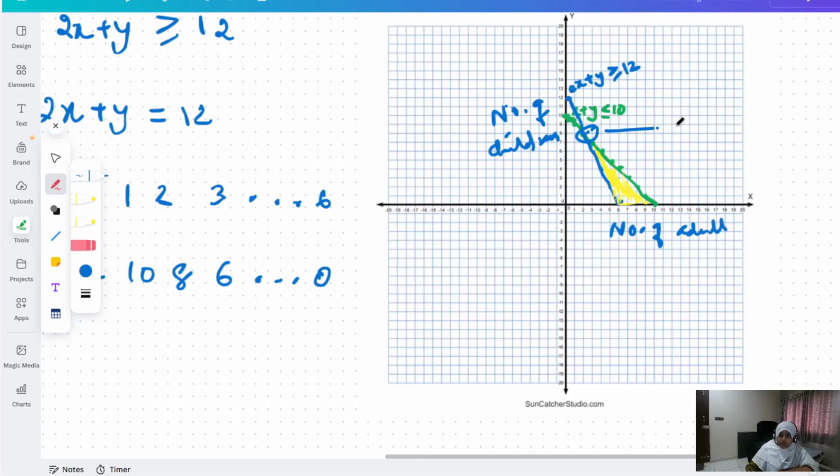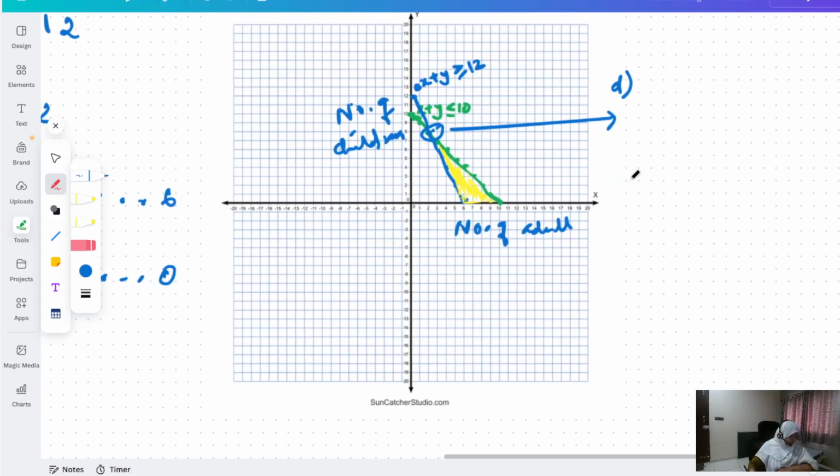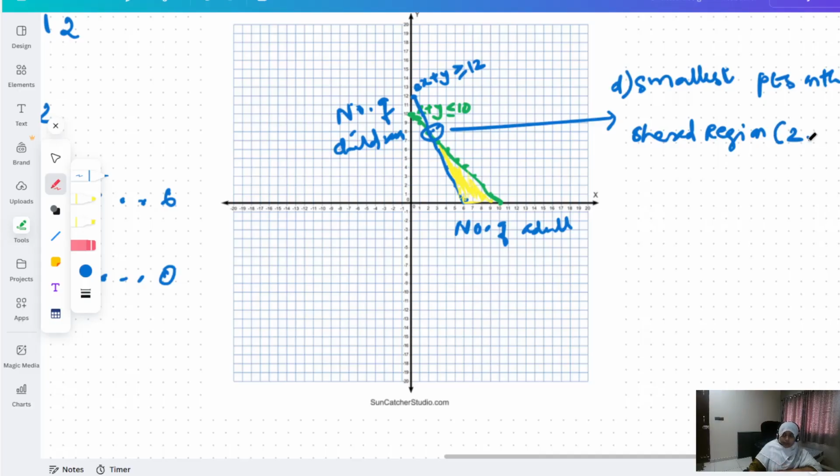So you will just write, the smallest point on the shared region is 2 comma 8. You see, 2 comma 8. It is the point.